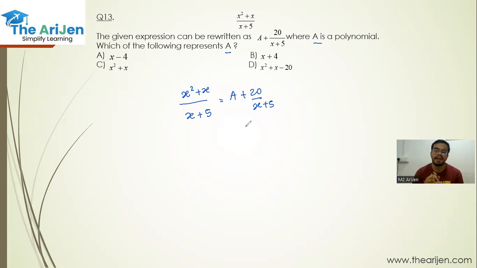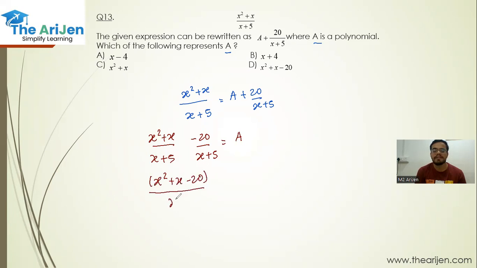Looking at the options, that is clear. So let's simply transfer this 20 by x plus 5 to the other side. So x square plus x divided by x plus 5 minus 20 divided by x plus 5 will be giving us a. On the top, we have x square plus x minus 20 divided by x plus 5.